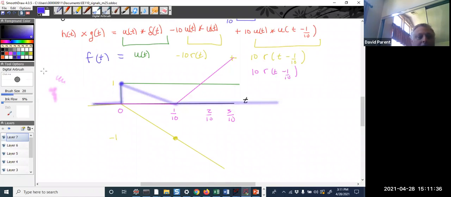All right, and so maybe I can get a flashier color here. Okay, now, there's discontinuities and things, but really it starts at 0 and ends at 0.